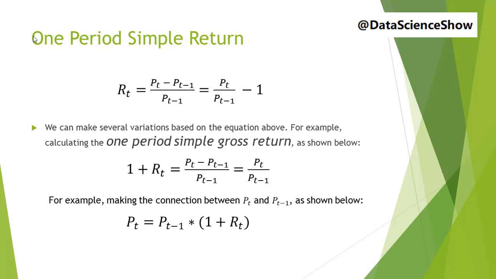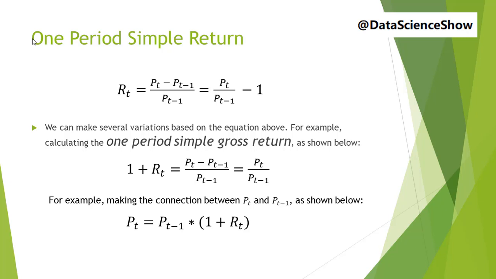Notice the difference between simple return and simple gross return. The simple return just measures how much you gain or lose every day. But the simple gross return measures the whole package. We have to take the original investment into consideration. Our original investment should be 100%.